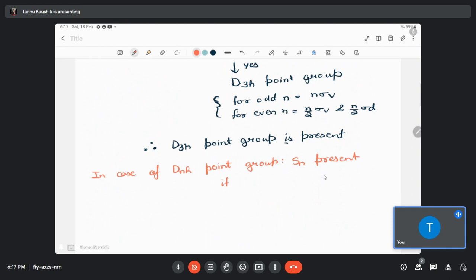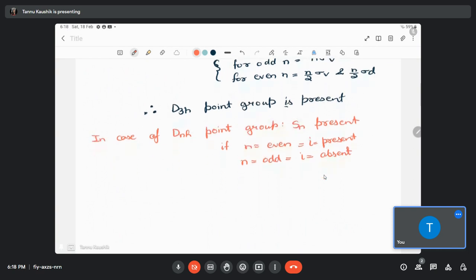If n is even, then i will be present, and if n is odd, i will be absent. So this molecule has n equal to 3, odd, so the inversion center will not be present in the molecule.